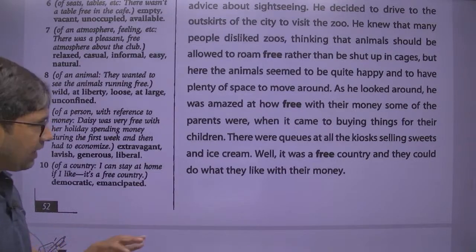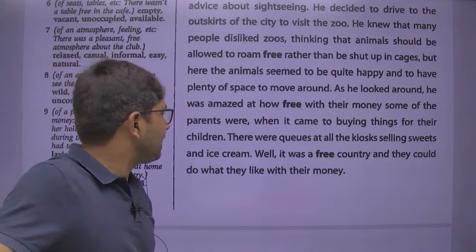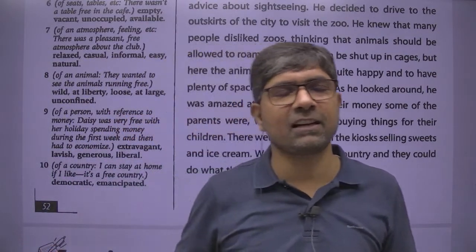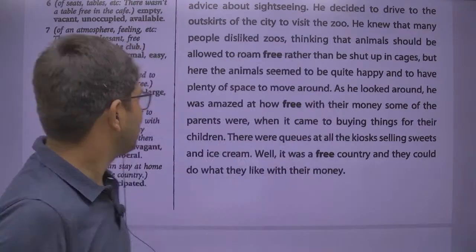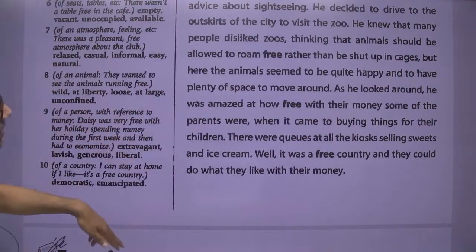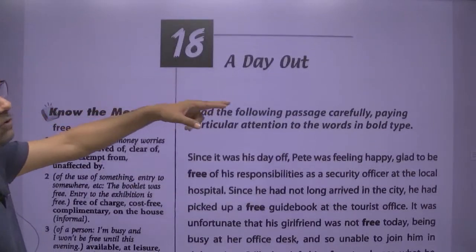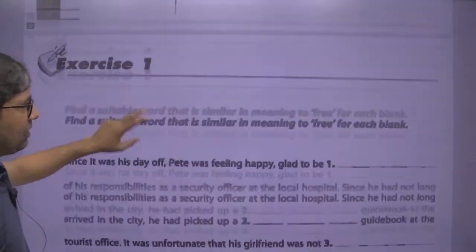Well, it was a free country and they could do what they like with their money. It was a free country means there were no restrictions. Got it? So this is the first one. And what was the title? It was A Day Out.